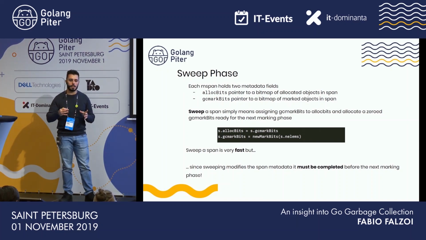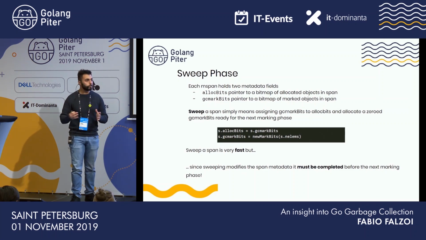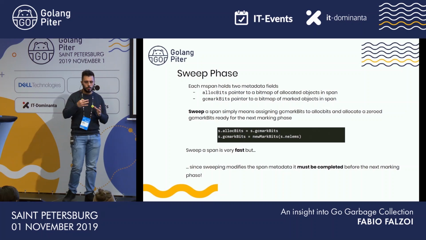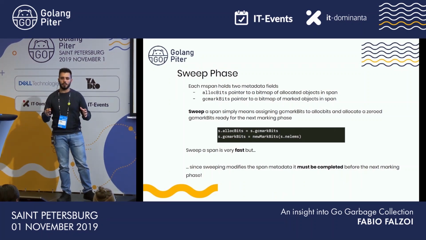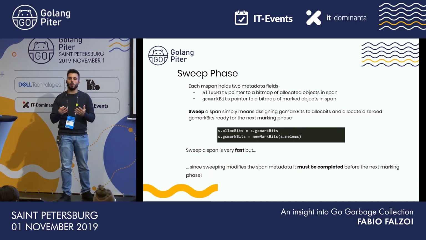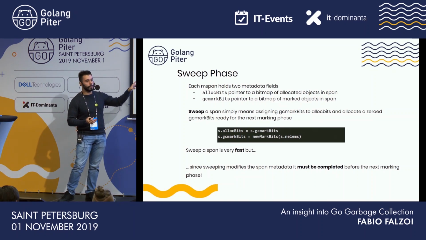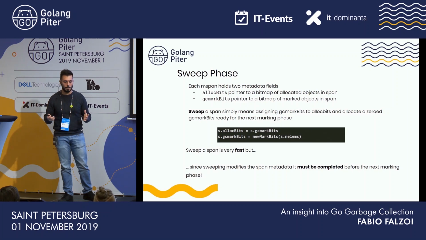Alloc bits tells us which objects in a span are allocated, and GC mark bits tells us which objects in the span are already marked. So at the end of the marking phase, the objects in the span that are alive are the ones that are marked. So we simply need to assign the value of GC mark bits to alloc bits, and that is all it takes to sweep a span.